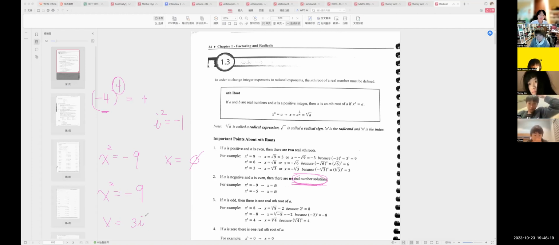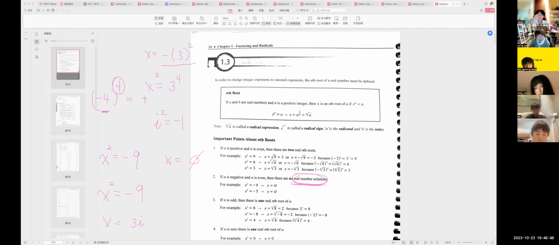Wouldn't x be like negative 3 squared? So x equals what? Negative 3 squared, like that? x could equal that, but x squared equals 3 to the power 4, not negative 9. If it is a real number, x squared can never be negative.